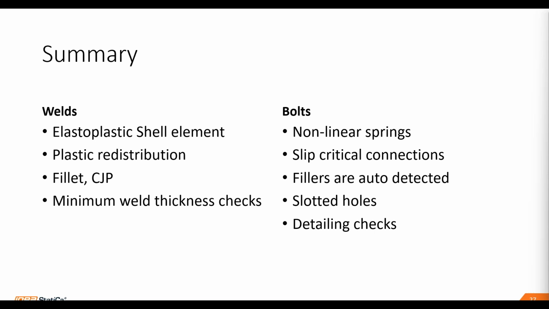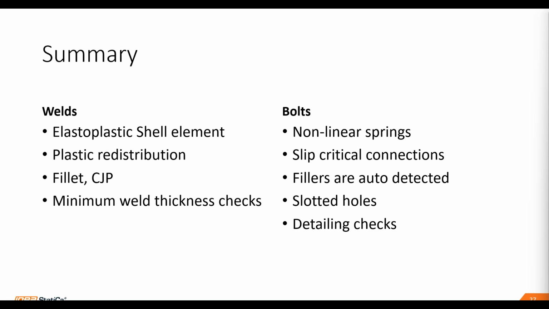For welds, we use an elastoplastic shell element, so that allows plastic redistribution of the stresses in that weld. We can use fillet and CJP welds. We check the minimum weld thickness required by AISC.